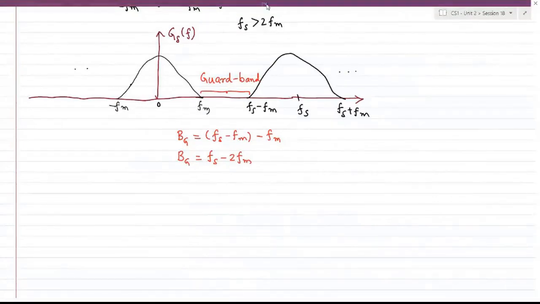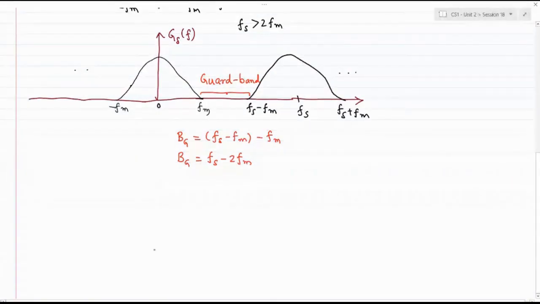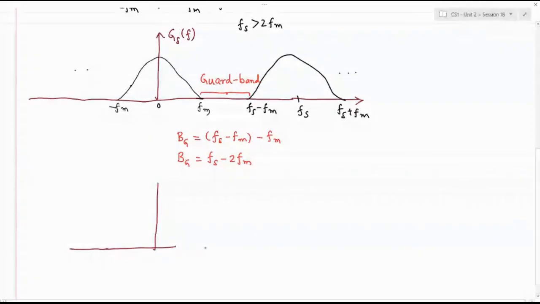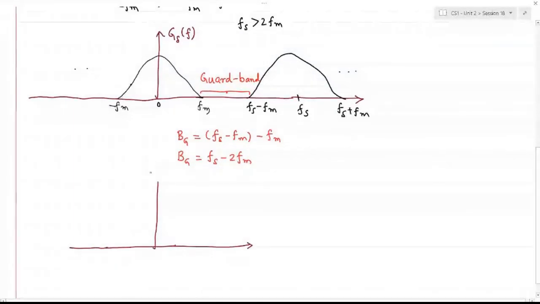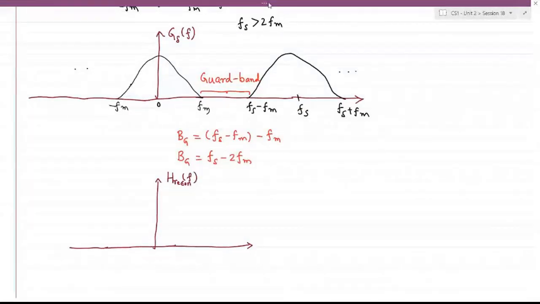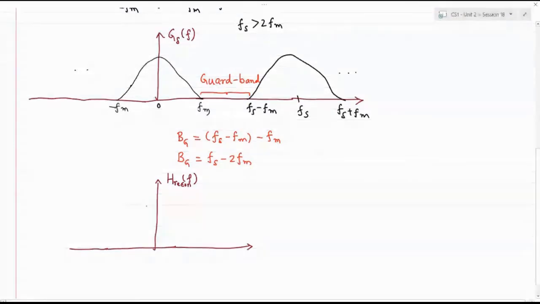In other words, say if I have a low pass filter, this is the response of your reconstruction filter. This is an important part which might be useful in solving a few numerical problems.